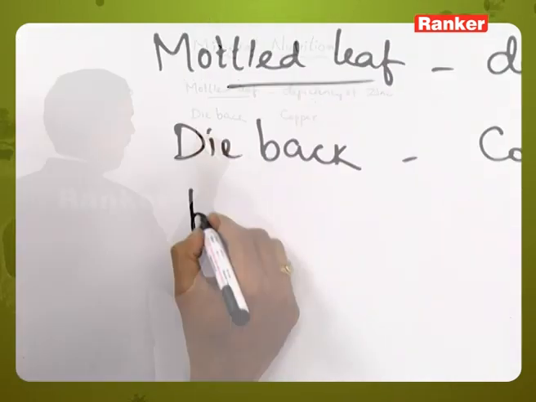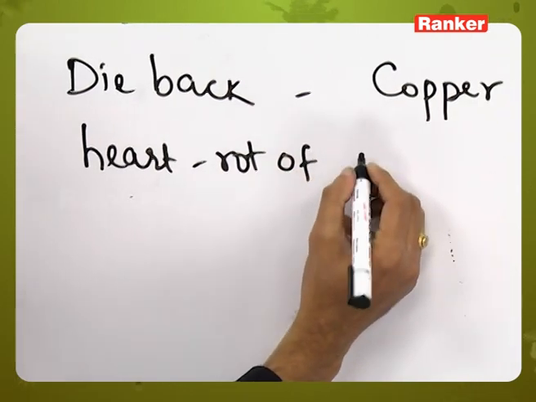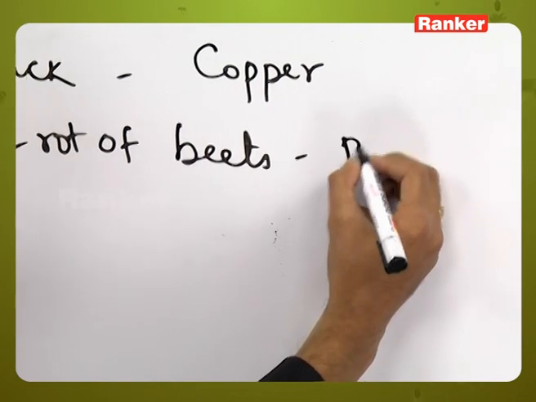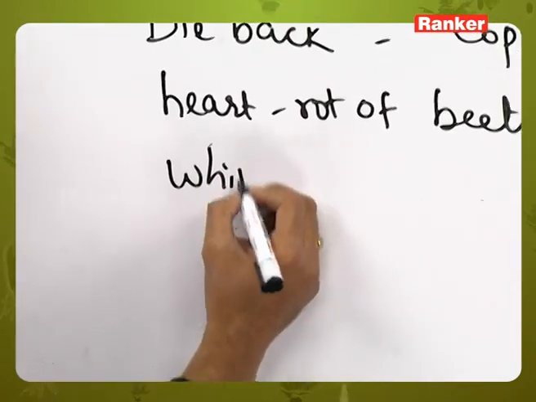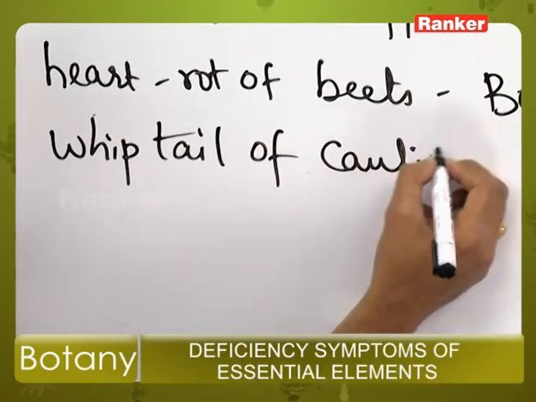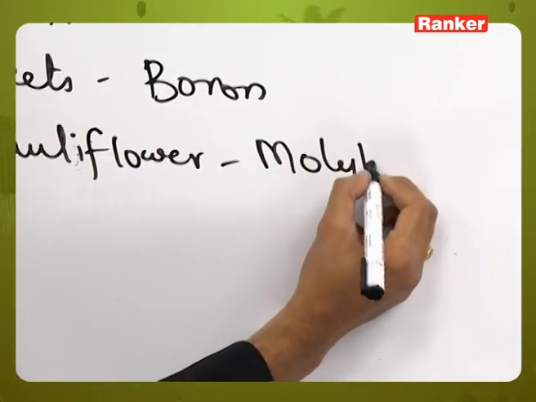And heart rot of beets is caused by the deficiency of boron. And whiptail of cauliflower is caused by the deficiency of molybdenum.